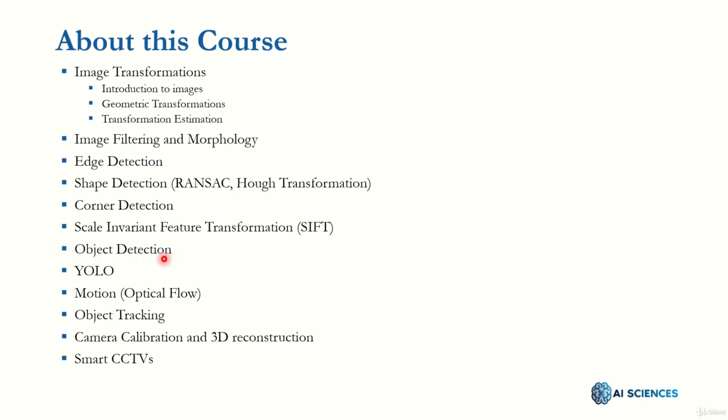After that, we move towards general object detection, and primarily we covered the classical techniques in general object detection, particularly known as template matching. Matching templates for different scales and orientations, and we saw the limitations of classical techniques, and then we moved towards YOLO, which is a very advanced object detector based on deep convolutional neural networks.